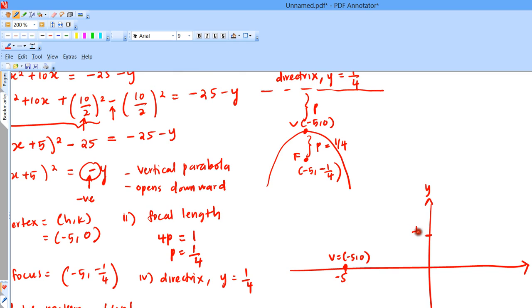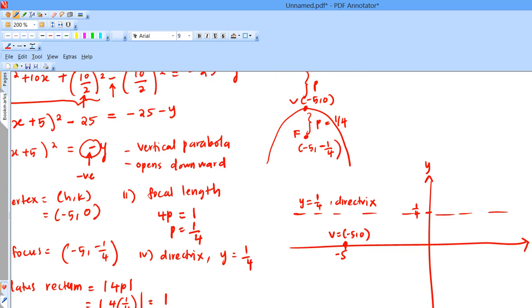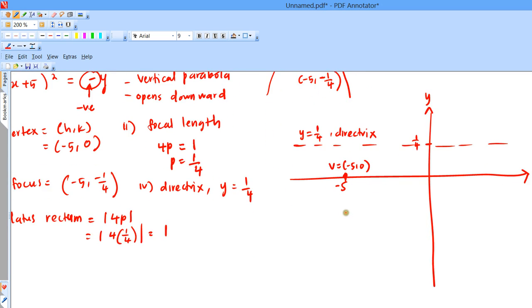Here is 1/4. So y equal to 1/4 is the directrix. Okay, next the focus. Focus here, (-5, -1/4). And then you can sketch. Okay, this is how the parabola looks like. Okay, thank you.